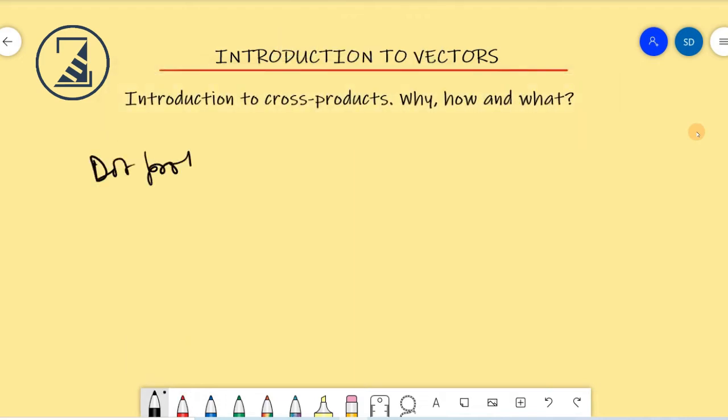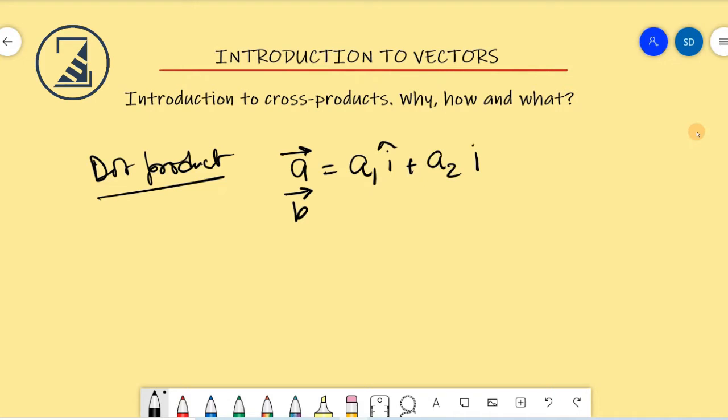Dot product. Now say we have two vectors, a vector and b vector, and we can write them as components of x-axis, y-axis and z-axis, and b is also written as b1 i cap, b2 j cap and b3 k cap.